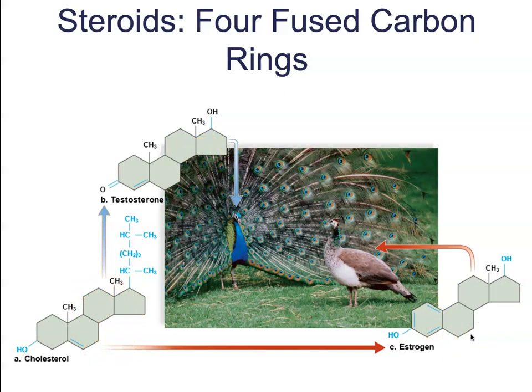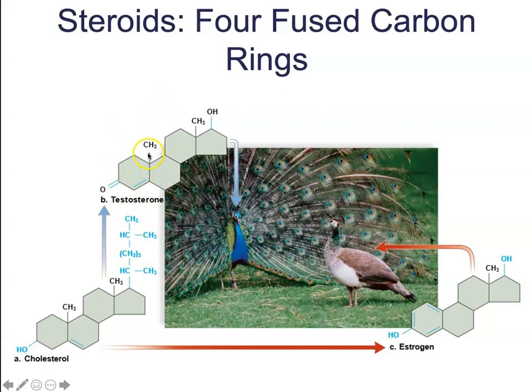Testosterone and estrogen are sex hormones that produce widely different results. An individual exposed to huge amounts of testosterone, as in the case of a male, is going to end up with very different characteristics than an individual who's exposed to a lot of estrogen, like a female. Very, very different end result. But the difference between testosterone and estrogen, and the way it reacts in the body and its ultimate end result, is all going to come down to the functional groups.